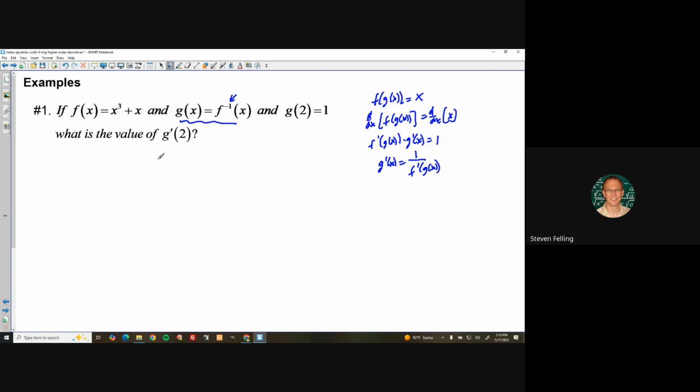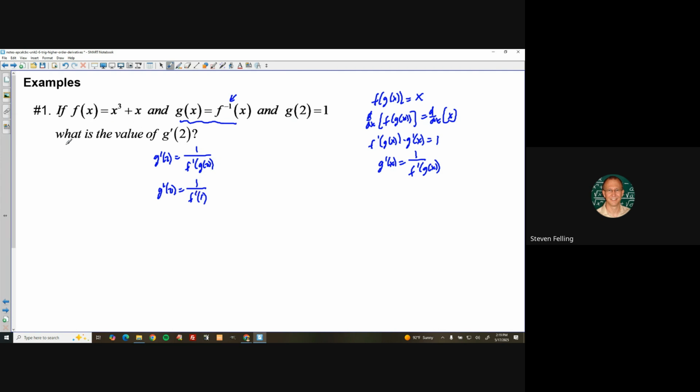So what that means is that g prime of 2 is going to equal 1 over f prime of g of 2. And since they told me that g of 2 is 1, I'm going to replace this with a 1 here. Then I have to find a way to plug x equals 1 into the first derivative of f.